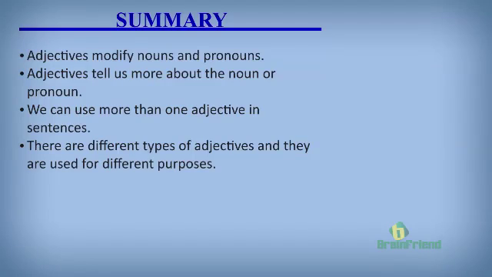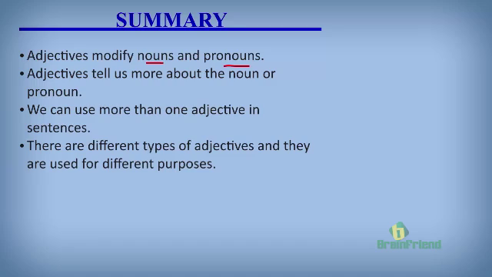What was the first thing we learned? We learned that adjectives are words that modify, describe, tell more, or say something about nouns and pronouns. We can also use more than one adjective in a sentence. Yes, we can. And sometimes we add comma and other times we don't.